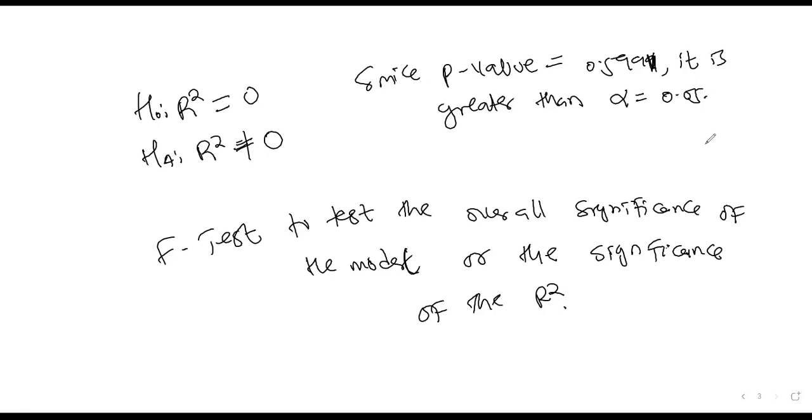Remember that when it comes to p-value, if it is greater, we fail to reject. I taught this in the hypothesis test video. When your p-value is greater than your alpha, you fail to reject. But when the p-value is less than the alpha, we reject.